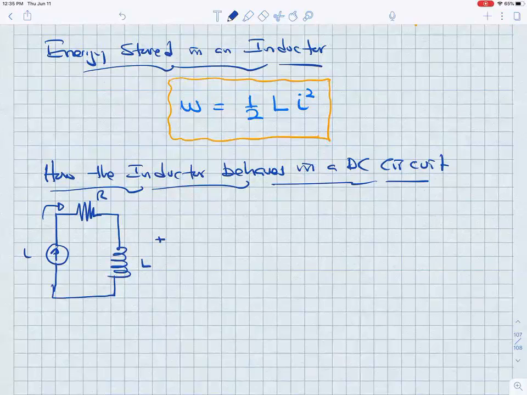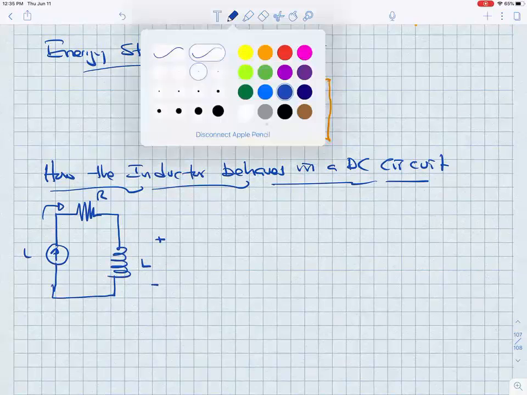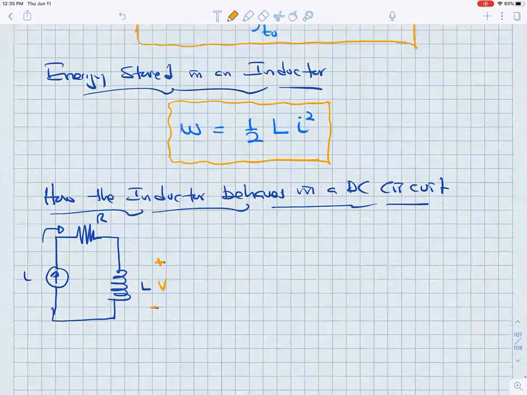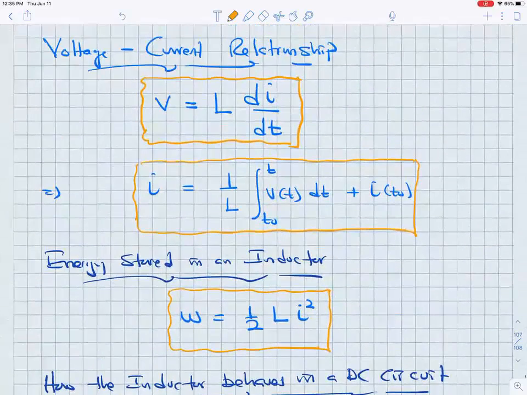For the voltage, which we call V, the expression is L di/dt.